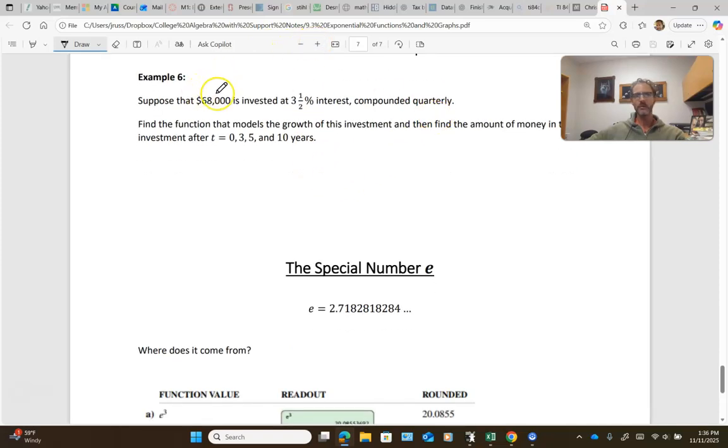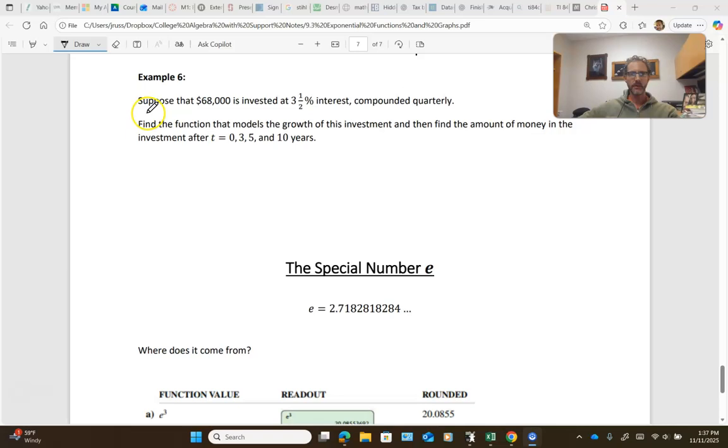It says, suppose that $68,000 is invested at 3.5% interest, and it's compounded quarterly. Find the function that models the growth of this investment, and then find the amount of money in the investment after 0, 3, 5, and 10 years.